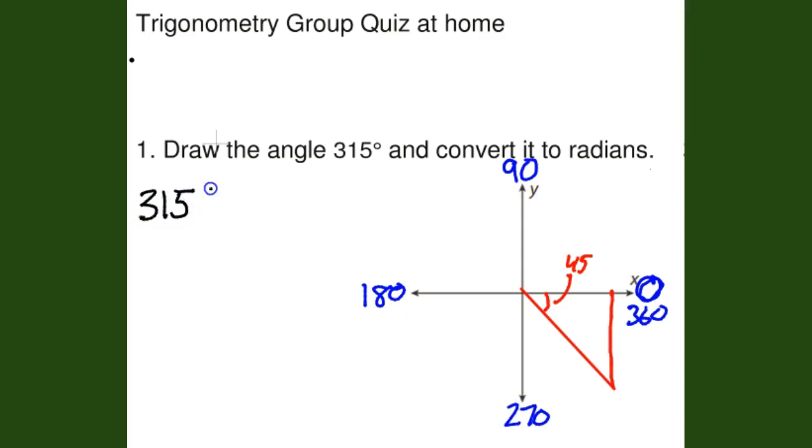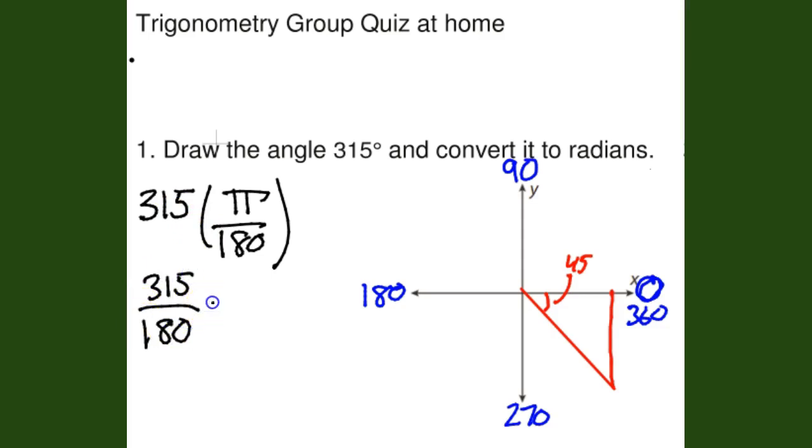So 315 degrees times pi over 180, right? And so basically this turns into 315 over 180 times pi, and you just need to reduce this fraction right here.